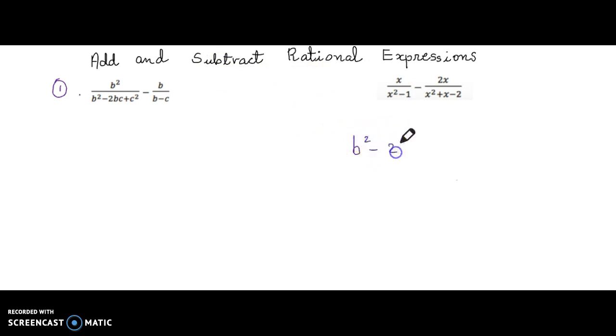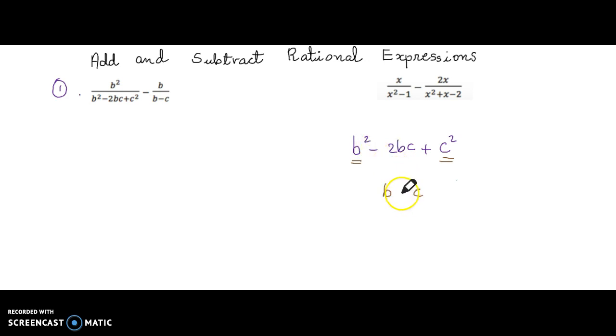B square minus 2bc plus c square. When I look at this, I see the first and the last terms are squares. Does b square have a square root? Yes, it's b. Does c square have a square root? The square root of c square is c.